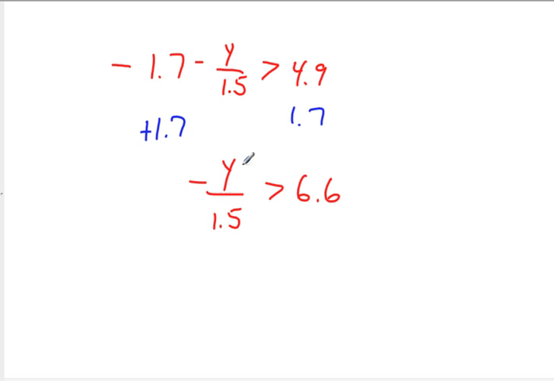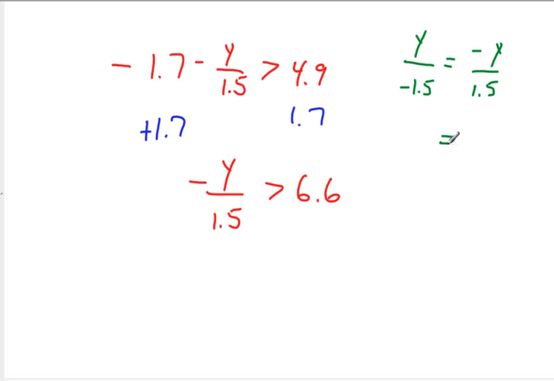Now, remember the subtraction sign in a fraction is a negative sign. The subtraction, it's all the same thing, and you can write it in several ways. So you could write it like y over negative 1.5. You could write it as negative y over 1.5.